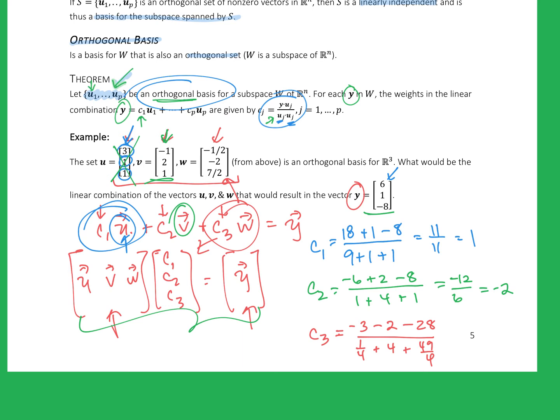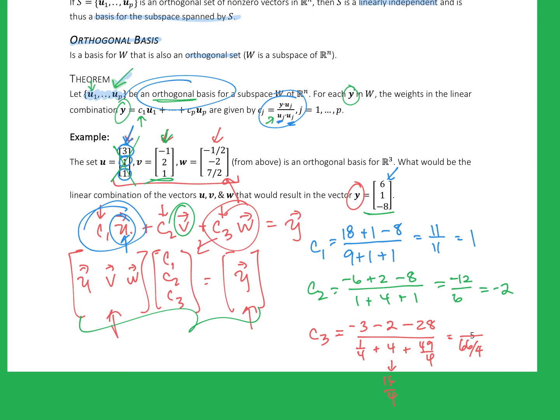This would be 16 over 4, 49, 59, 66 fourths? Yes. So this is 66 fourths. We'll go with it.